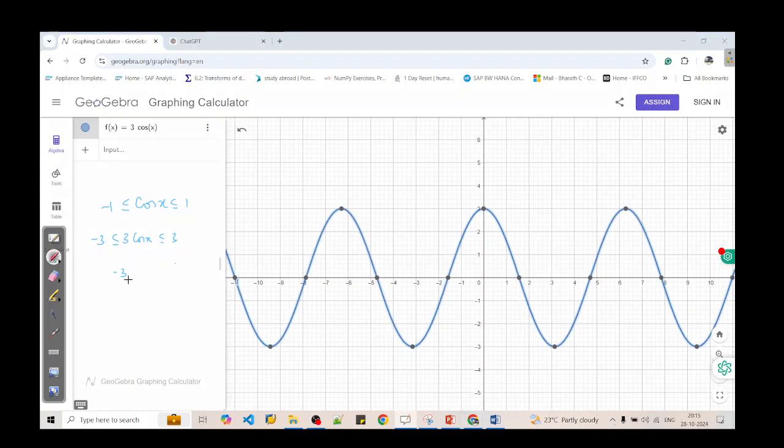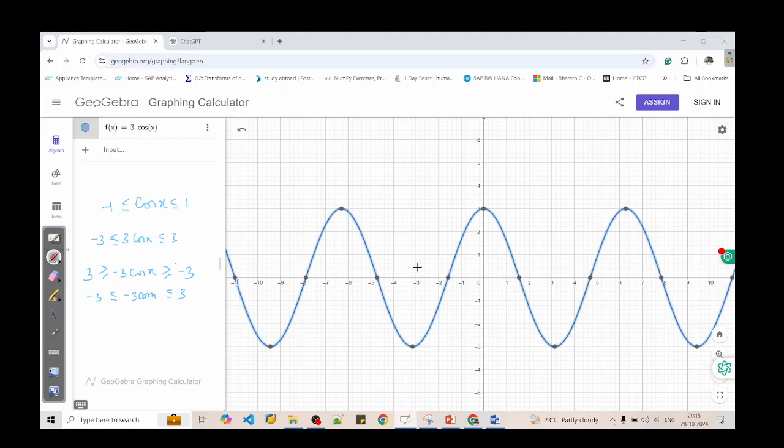If I multiply by minus 1, the inequality signs flip, and plus 3 becomes minus 3. So I can rearrange this to minus 3 less than or equal to minus 3 cos x less than or equal to 3.